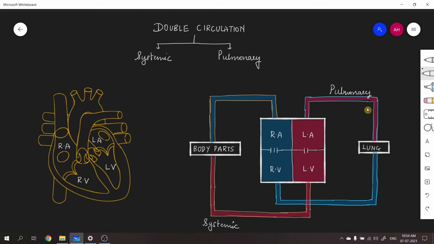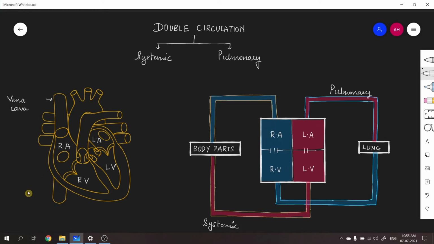All right. So the one that involves the lungs is the pulmonary circulation, and the one that involves the body parts is the systemic circulation. Fine. And just to relate to the schematic representation, I'll also label the arteries and the veins here. Like this is the vena cava, which brings the deoxygenated blood from all the body parts to the right atrium of the heart.